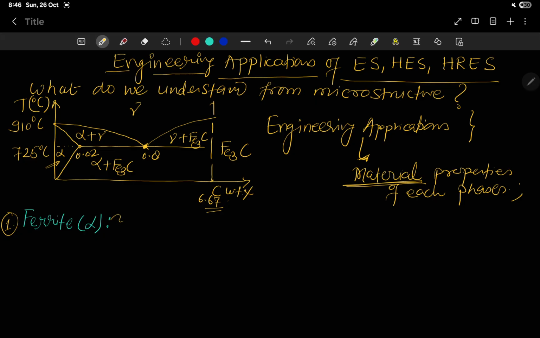Now let's try to understand the mechanical properties corresponding to this alpha phase. This is soft and ductile in nature, it is a magnetic phase, and it has a BCC structure.